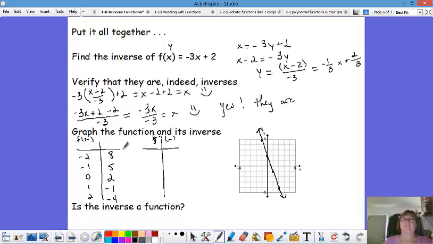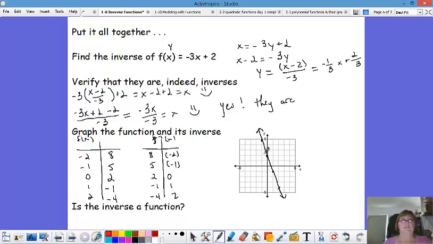All right, then to get the inverse, I'm going to just invert the points. So 8 and negative 2, I'm not going to be able to graph that one. 5 and negative 1, 2 and 0, negative 1 and 1, negative 4 and 2.